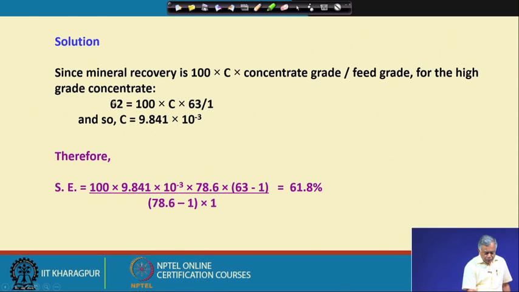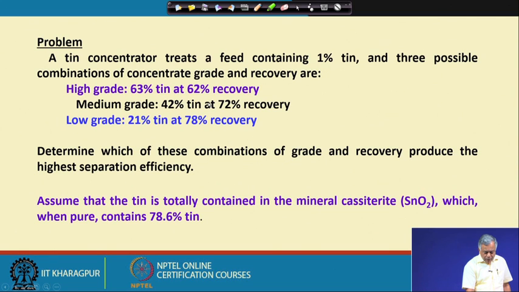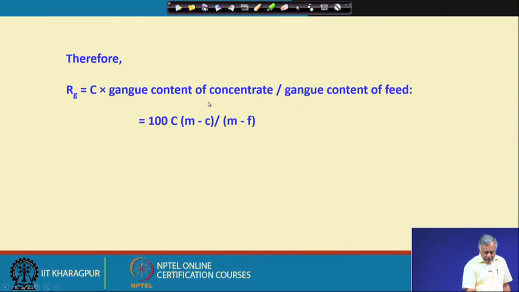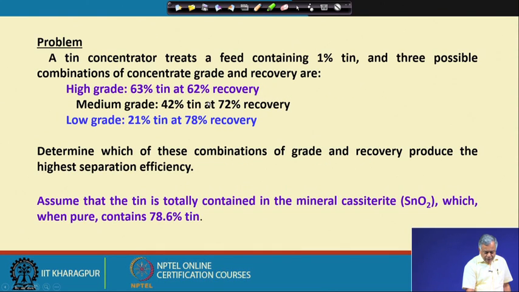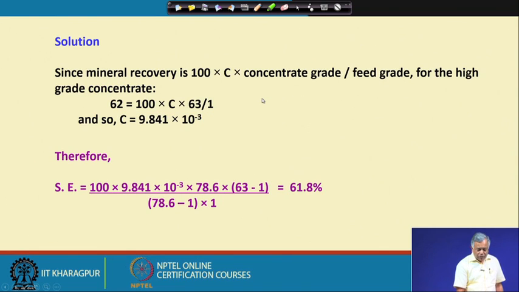So the 62% recovery is equal to 100 times capital C, the fraction recovered, multiplied by the grade, that is 63, in relation to the feed grade. That is the percentage of metal recovered into the concentrate. The tin content in the feed is 1%. So 63% is your concentrate grade, 62% is your recovery.